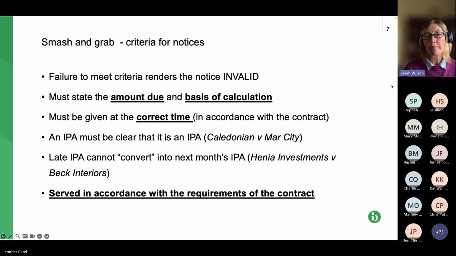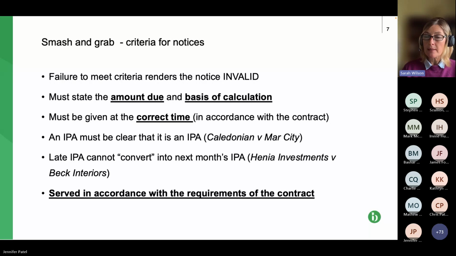Next criteria is it must be given at the correct time. So in accordance with the contract, and the contract must be in accordance with the timescales within the Act. The Act is a slightly strange Act in some ways, because in some respects it mandates elements that the parties have got to include in their contracts.